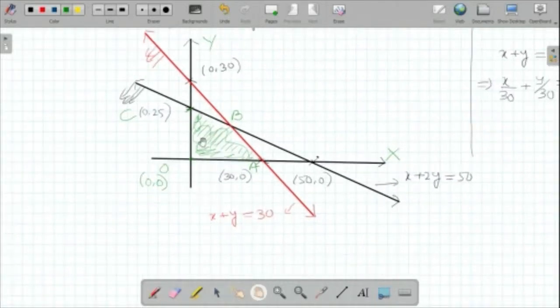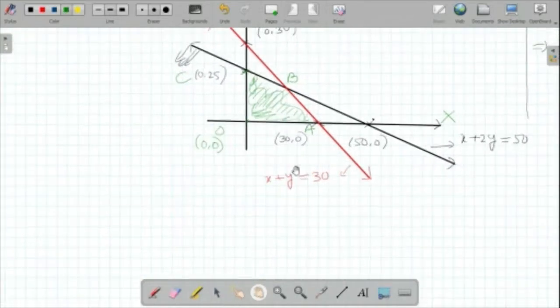Point B is the intersection of this red line and this black line. So write down the shaded region.